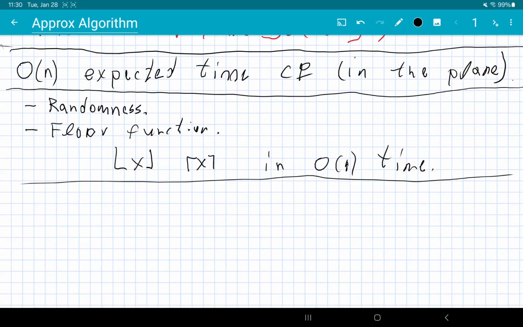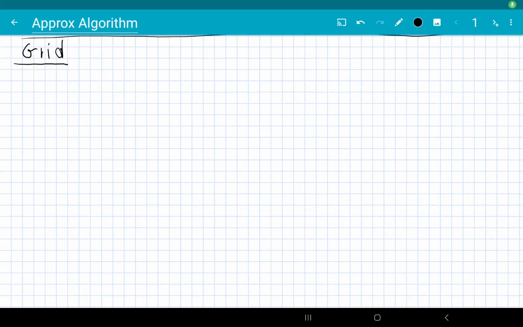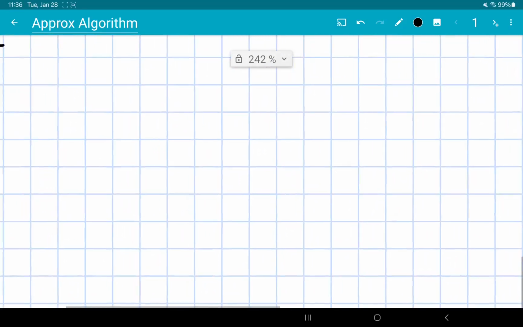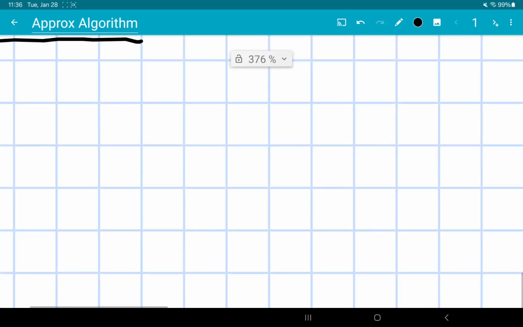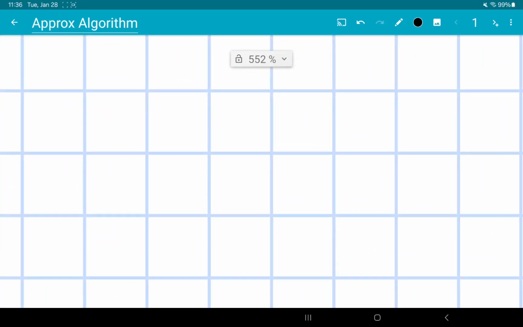So what about grids? Of course, it's a bit silly to talk about grids when there is a perfectly usable grid on the screen. So let's use it.